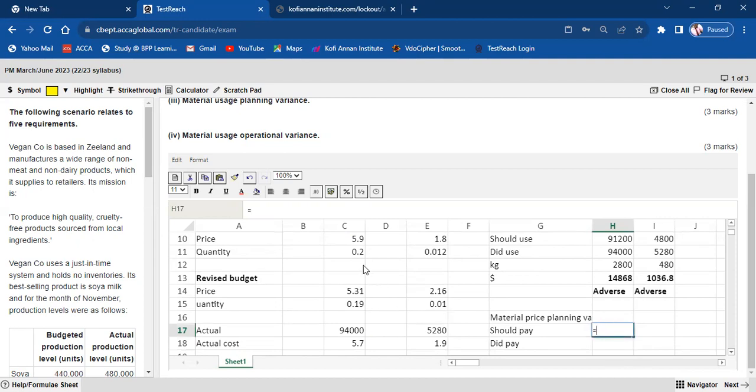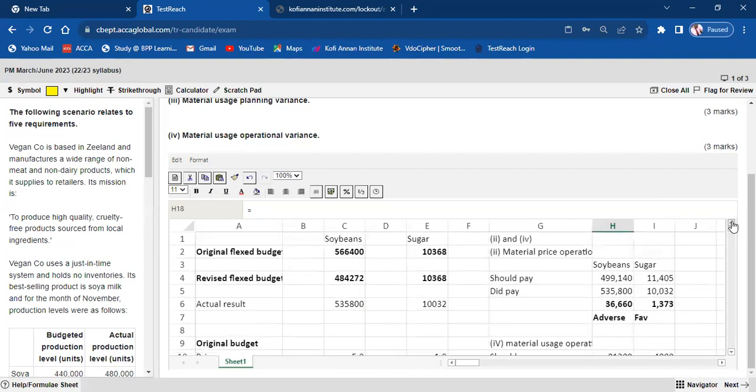We should have paid a price of 5.9 for each one of the 0.19 times 480,000. All right. I probably did something silly at the beginning. But what did we pay? Well, straight away, we did pay this.